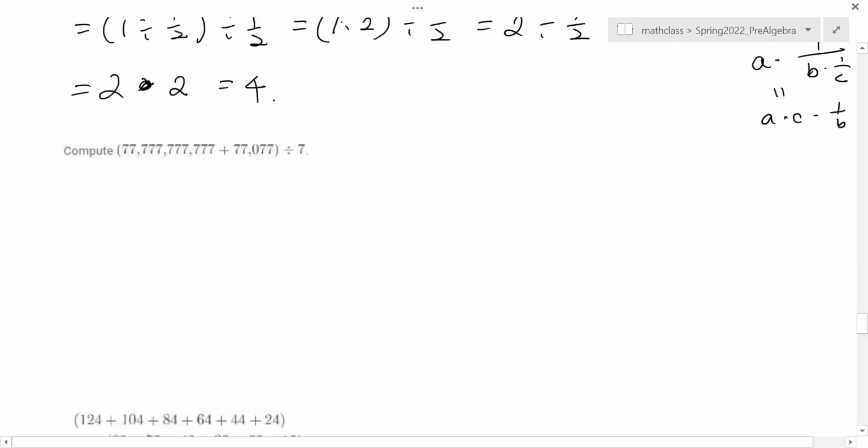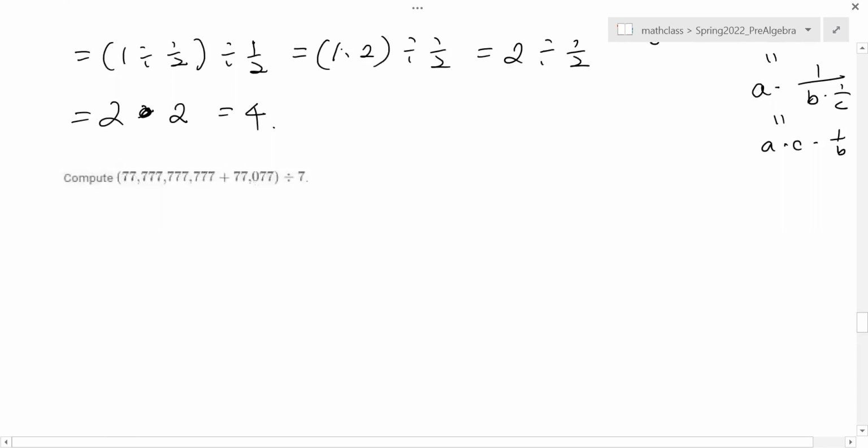Now, how about this next problem? What is the best quick way to solve this problem?